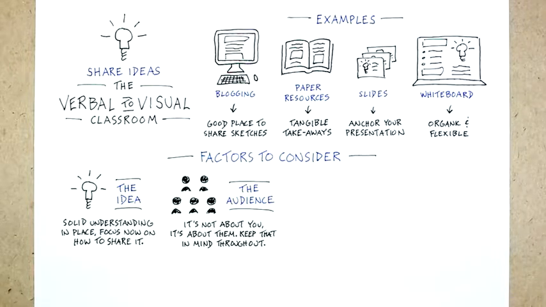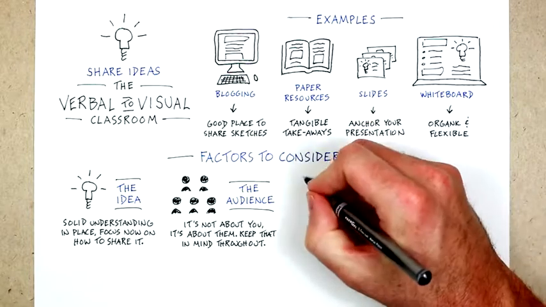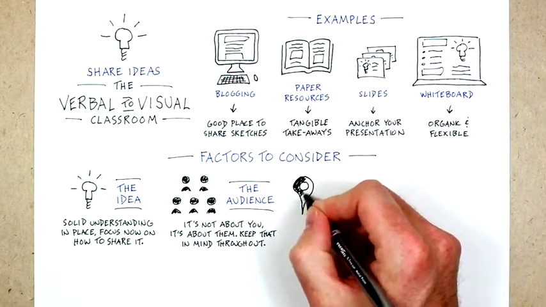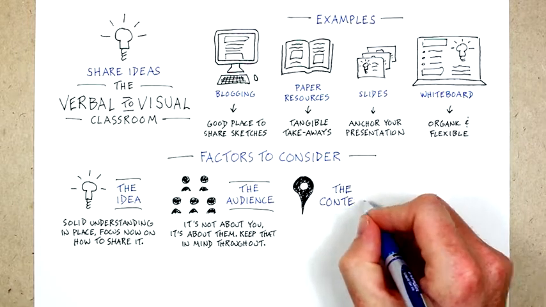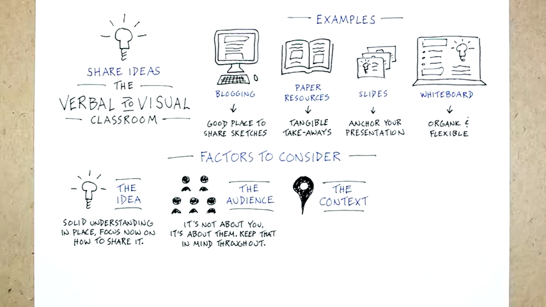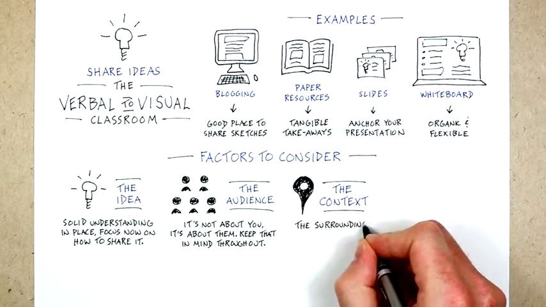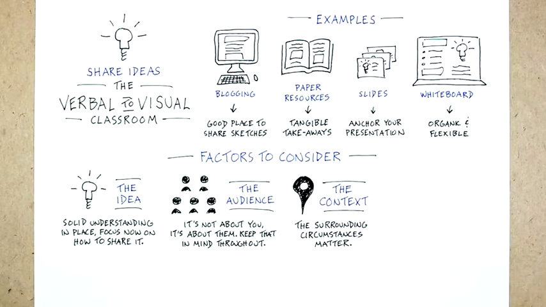How that audience responds to your ideas will depend on the context surrounding the situation where they see them. People act differently when sitting in front of a screen compared to lounging on a couch reading a book, compared to attending a live workshop. So it's important to consider the surrounding circumstances when planning out how best to get your ideas across.